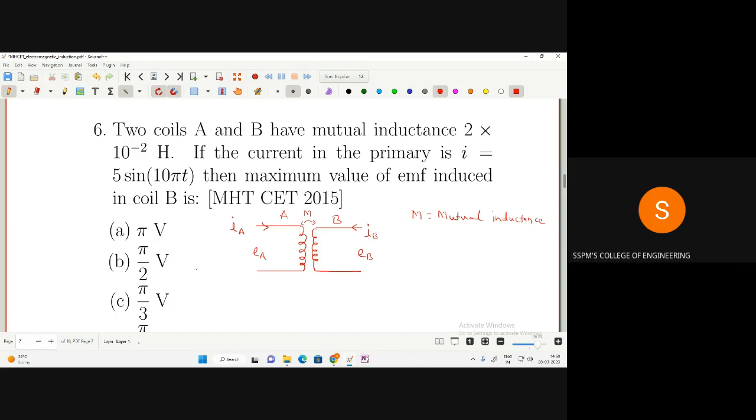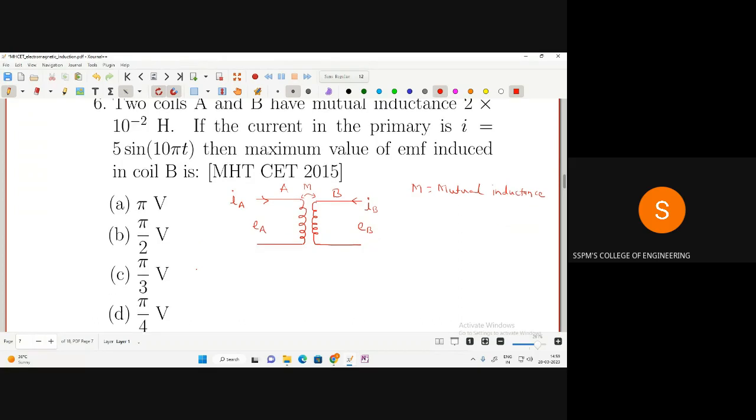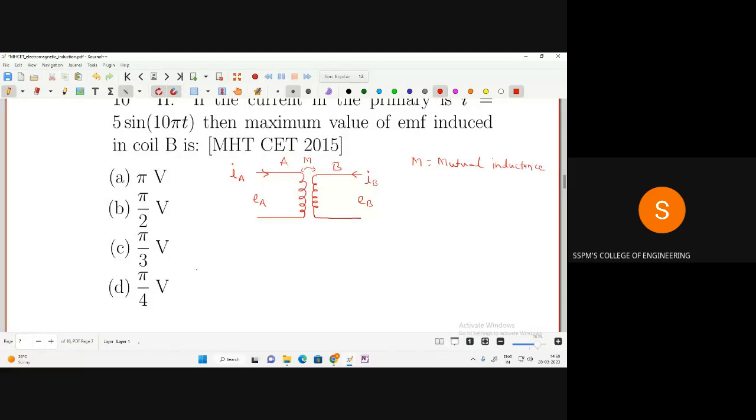Now, what would be the EMF induced in coil B? The EMF is definitely induced in coil B because of this mutual inductance. And how can it be found? The EMF induced in coil B is equal to minus mutual inductance into the derivative of primary current IA with respect to t.